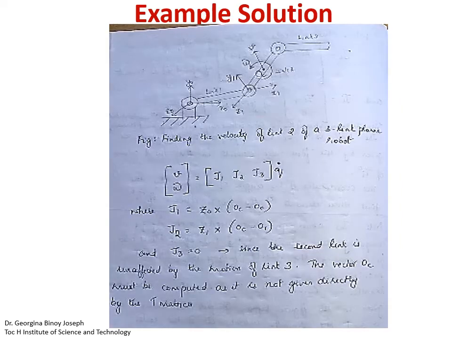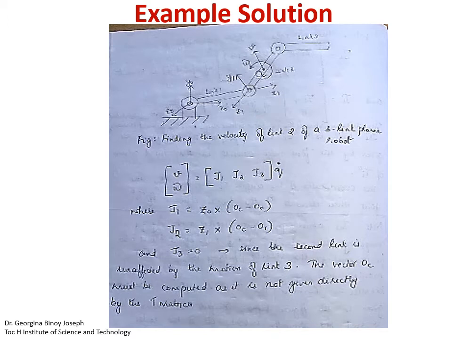So we need to find J into q dot. Since this is a three-link manipulator, we have J1, J2 and J3. Each column of the Jacobian matrix corresponds to one of the links. Now we are asked to find v omega for the second link.